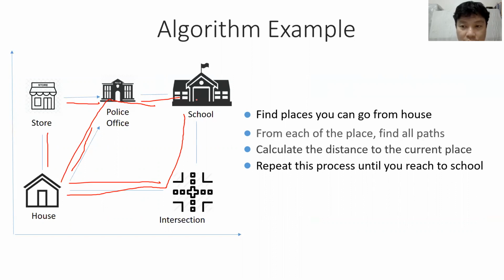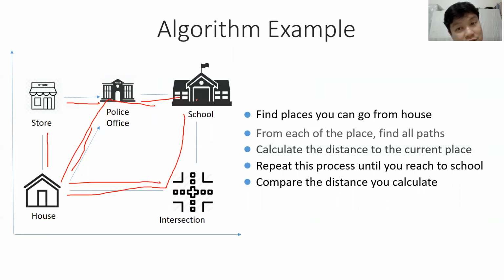After you have all the distances, you need to compare the distances that you calculated. Which one is the best one? Whether you're going to school from house to store, or from house to police office, or from house via intersection. The algorithm is a kind of process to evaluate a kind of problem.